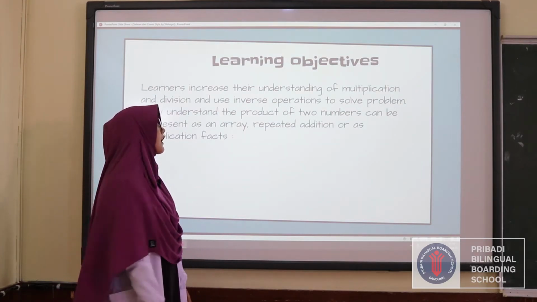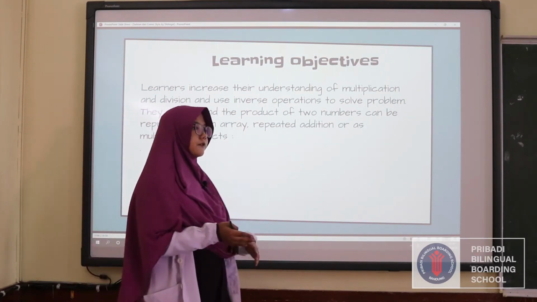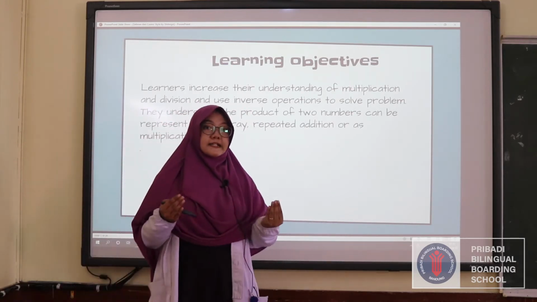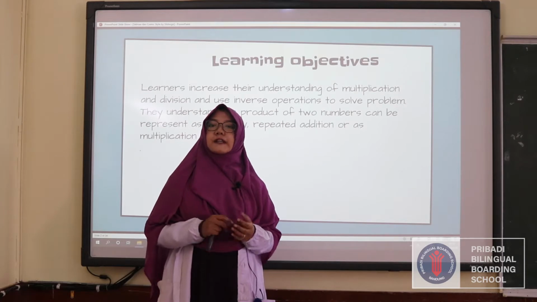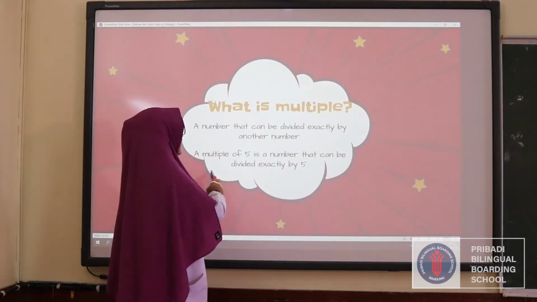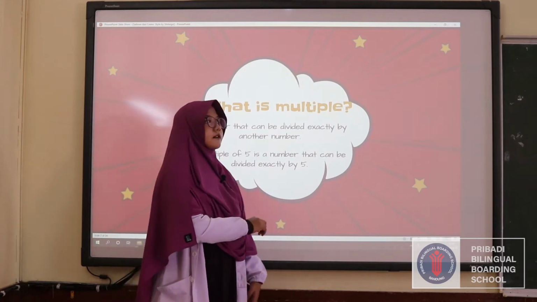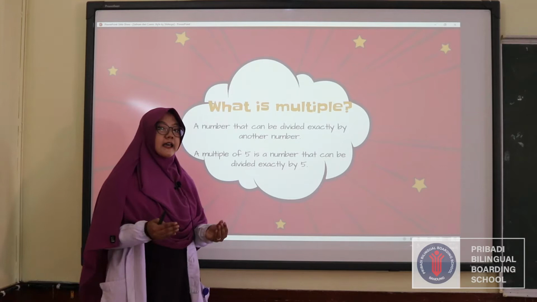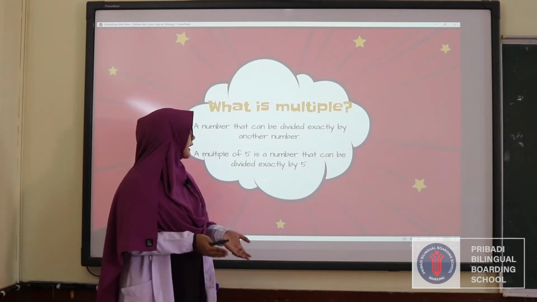solve problems. Alright, but before we go further into the materials, I would like to ask you, what is a multiple? Do you know what a multiple is? Well, a multiple is like this. This is the meaning of multiple. A multiple is a number that can be divided exactly by another number.